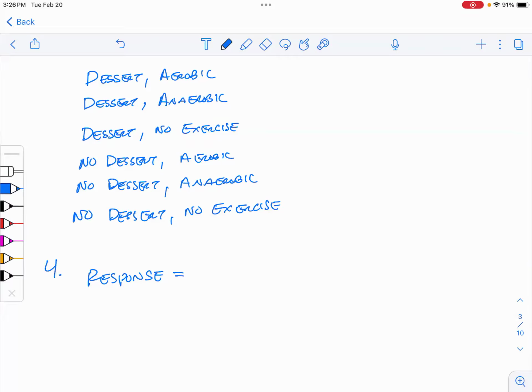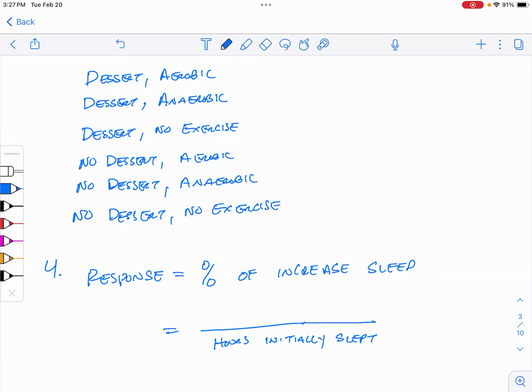So maybe we want to do percent of increased sleep, right? And that measure could be something like the hours initially slept divided by hours now slept, something like that.